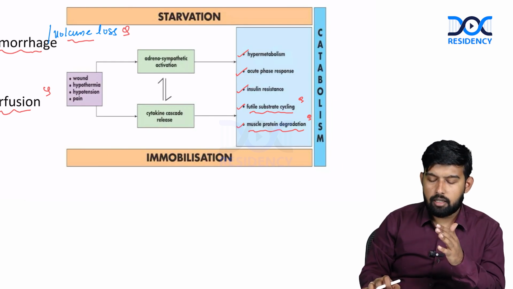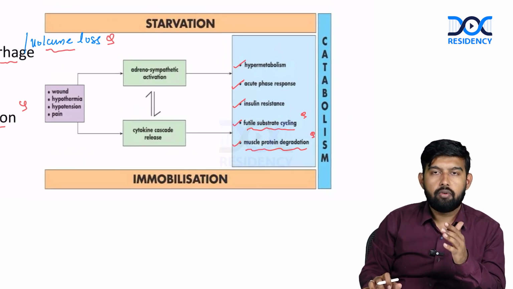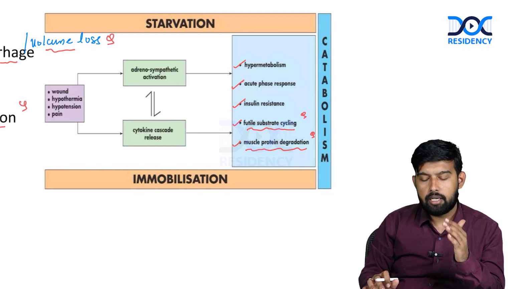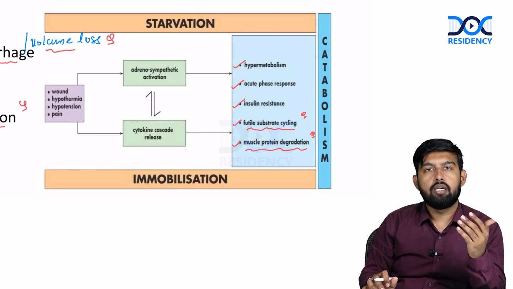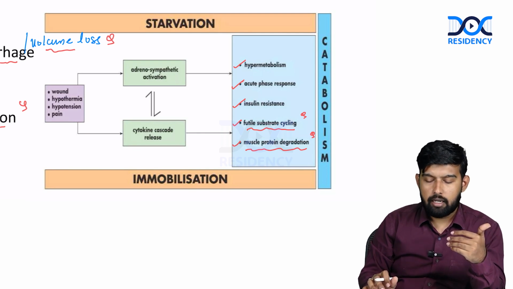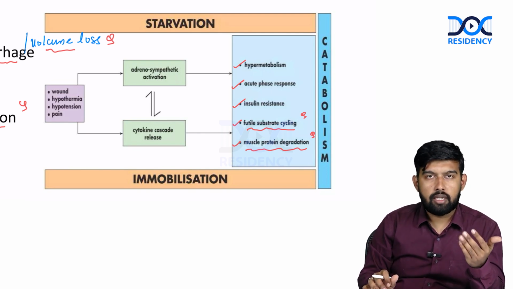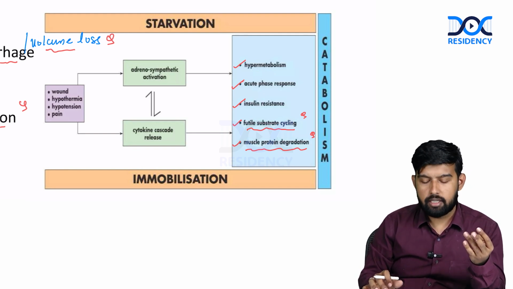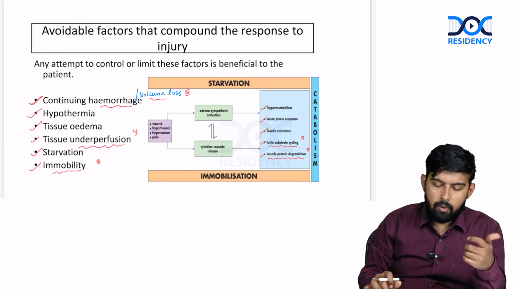At this stage, if we intervene with proper resuscitation and critical care of the patient, these effects can be reversed and the body can go into the anabolic phase by providing rest, proper nutrition, adequate ventilation, and oxygenation. So these are the avoidable factors.